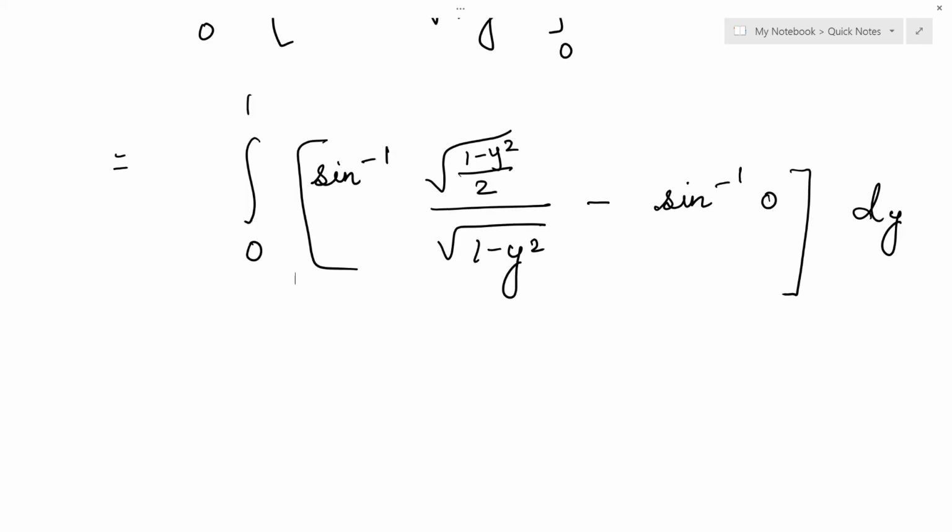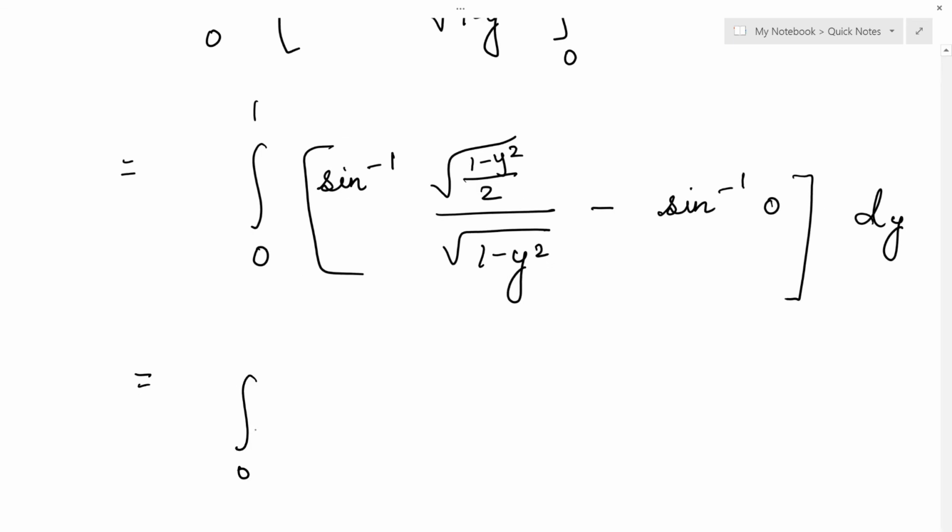So 1 upon under root remains only over here, and sine inverse of 0, you know very well, is 0. So dy.